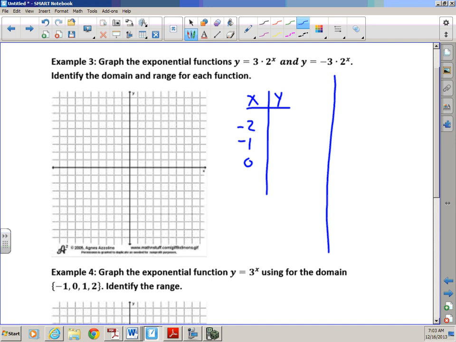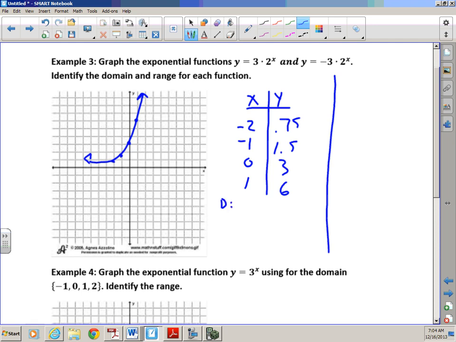Now, again, it's the same values here, or similar values, to what we used before, and that is just merely a function of what the calculator tells us and what I can get onto the graph. So negative 2, 0.75, negative 1, 1.5, 0, 3, 1, 6. So it's going to look, again, something like this.